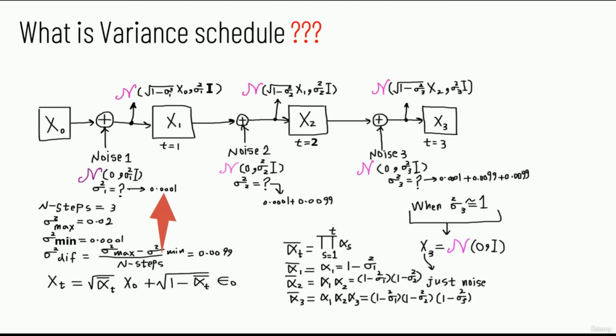Okay, so firstly, the standard deviation is equal to the minimum standard deviation. So here the variance of noise 1 will be equal to the minimum variance, which is 0.0001. And now we are at time step 1. We will add the step size to the previous variance.